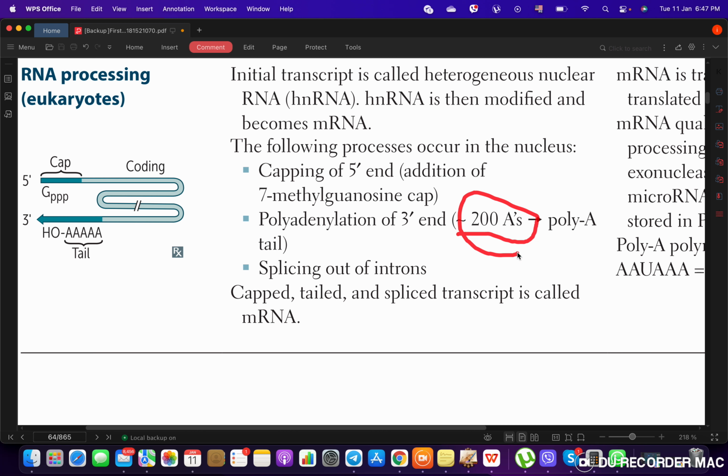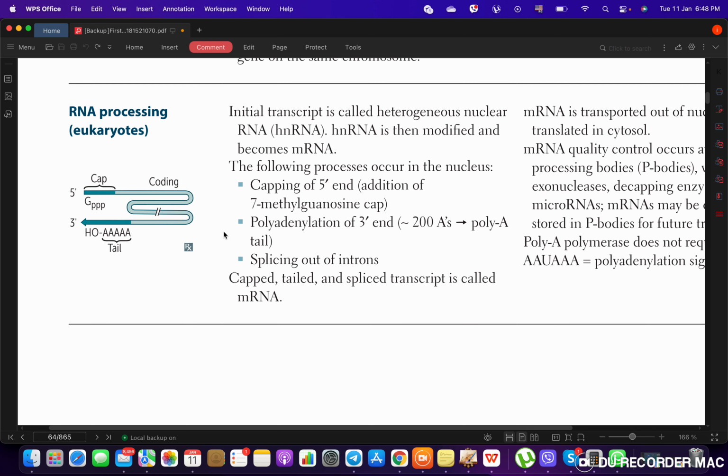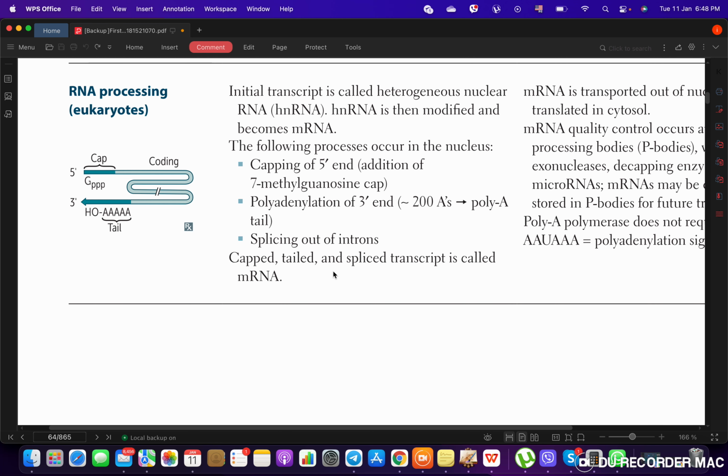More than 200 adenines are put in there. And why is the tail important? For protection. And after that, the spliceosome comes and removes all of the introns. So we cap it, we tail it, we splice it, and it's ready to go.